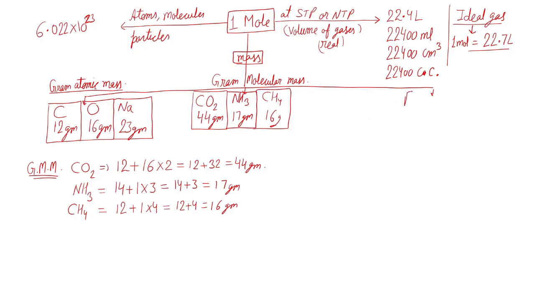Now last we have formula mass. The term formula mass is used basically for ionic compounds. Like NaCl we have, so it is 58.5 gram.